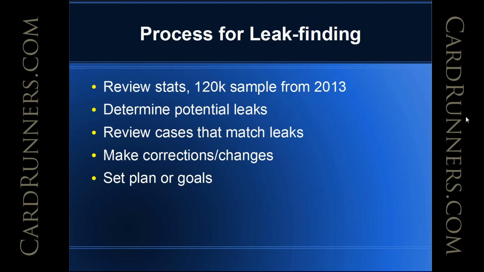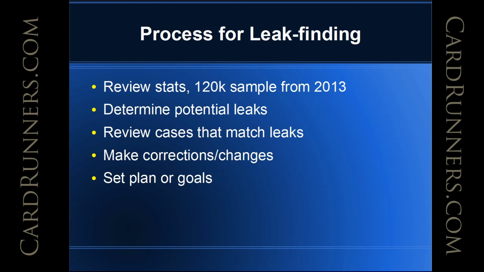And what I want to do here is outline a process, an analytical process, for actually leak finding in general, as well as obviously myself, which will be the focus of this series. And what we're really going to do is review my stats. It's a 120,000 hand sample from basically 2013. And then we're really going to try to determine potential leaks from that hand sample, which is what we're going to be doing today.